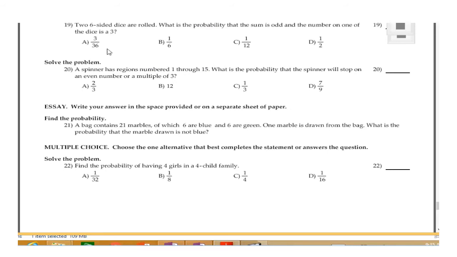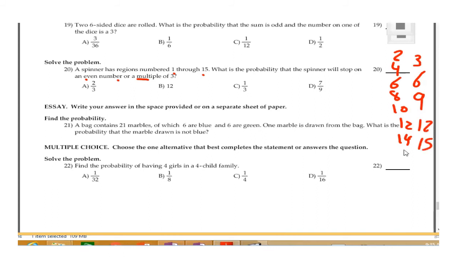a spinner has regions numbered from 1 to 15. What is the probability that the spinner will stop on an even number or a multiple of 3? Let's write what are the evens. Evens are 2, 4, 6, 8, 10, 12, and multiples of 3 are 3, 6, 9, and 12.